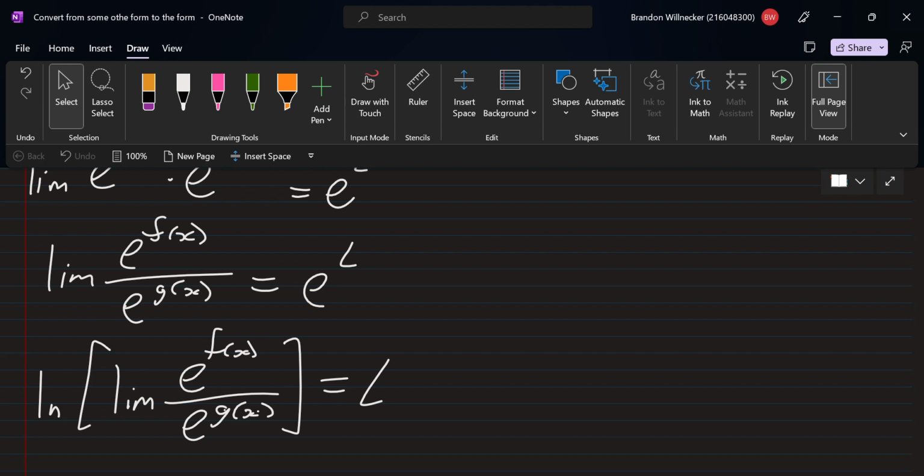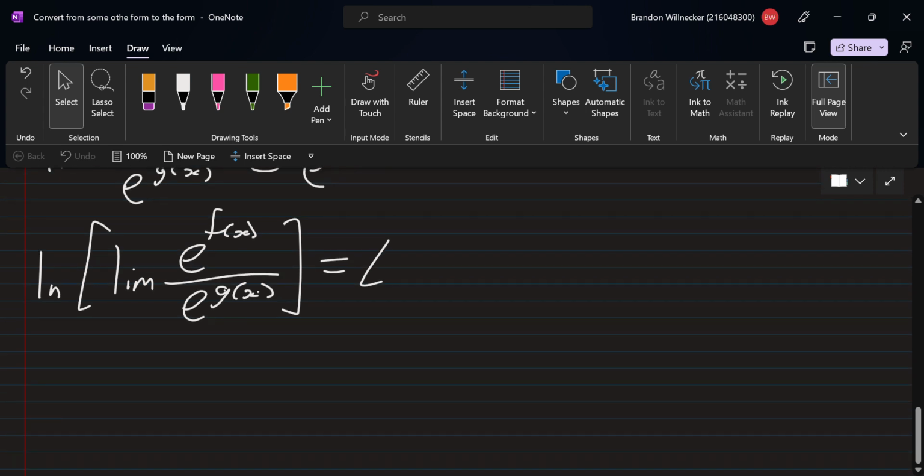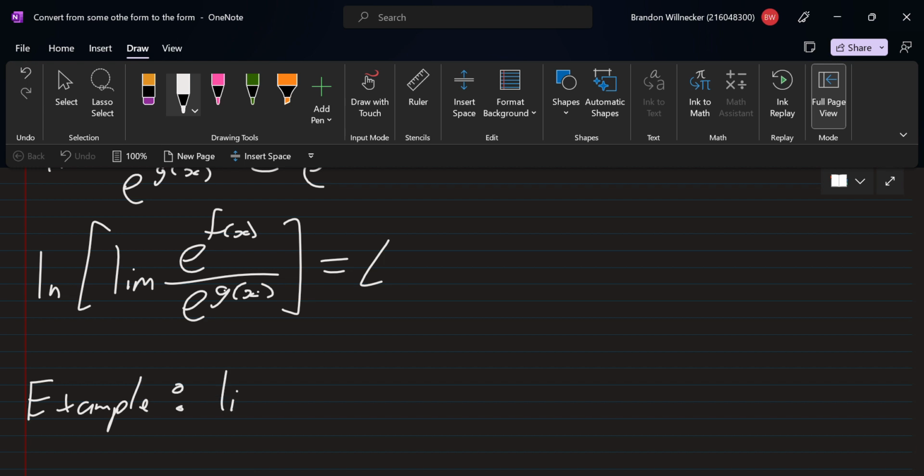Just as an example, if we have the limit as x goes to infinity of e to the x minus x, you see we have a difference there. e to the x goes to infinity, x also goes to infinity, so we can't do infinity minus infinity.